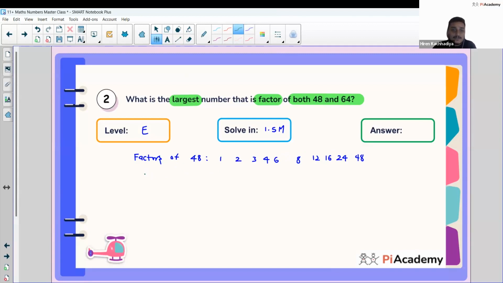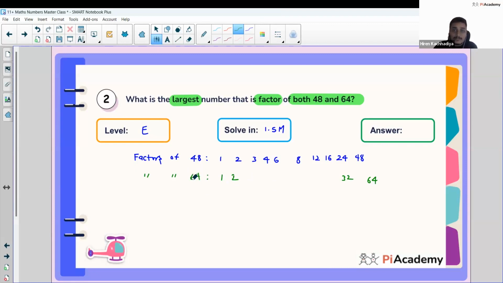And then do the same for factors of 64. So here start the same, as we have done above. It's 1 times 64. So this is called the rainbow method, right? You are aware of it as well. And 2 times, what is half of 64? That is 32. Yes. And then you have 3 times. Is it possible to divide by 3? No, because the sum of these digits is 10, okay?